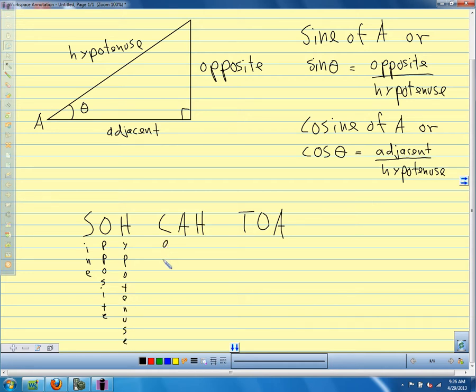The cosine of an angle is the adjacent over the hypotenuse. The tangent is the opposite over the adjacent.